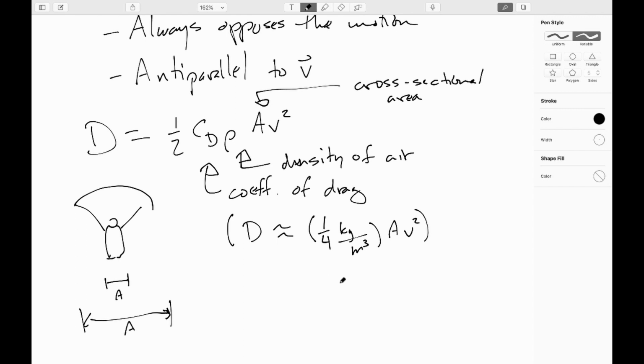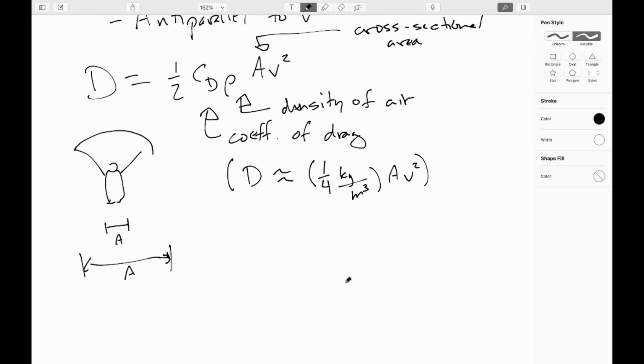So because the drag force depends on the velocity, it turns out that trying to incorporate it into Newton's laws of motion gets absolutely horrendous.